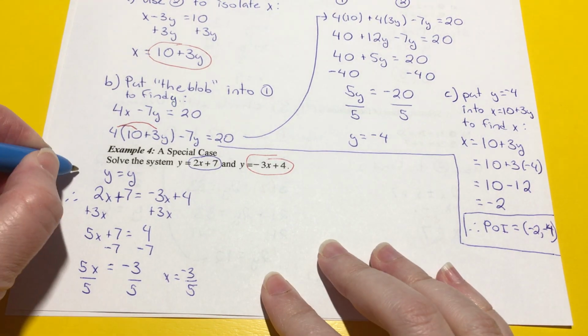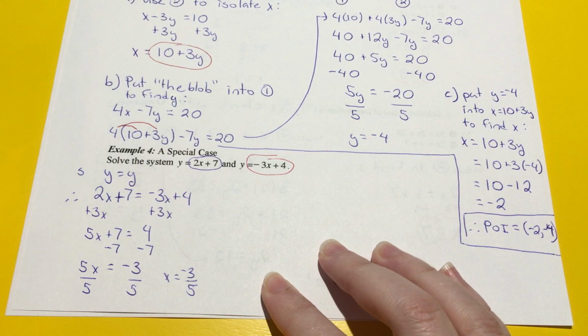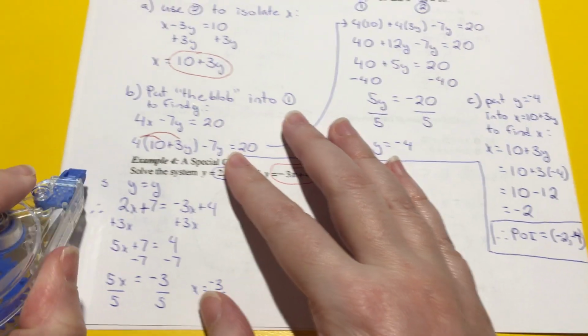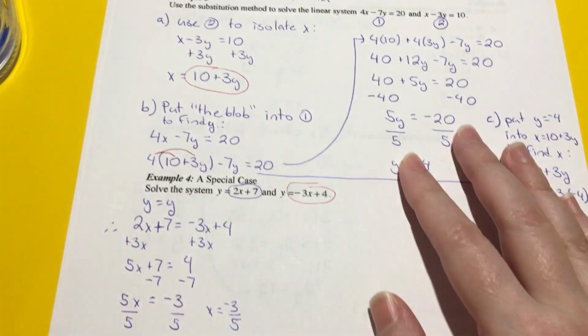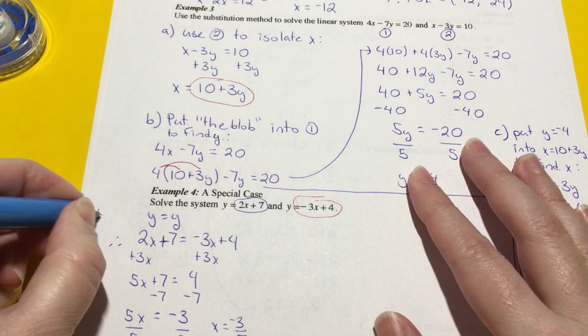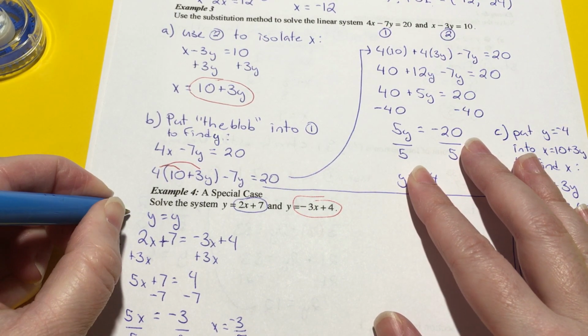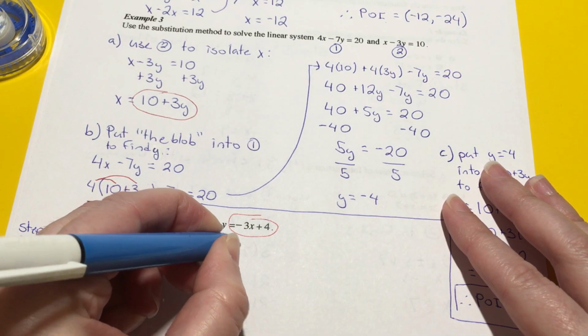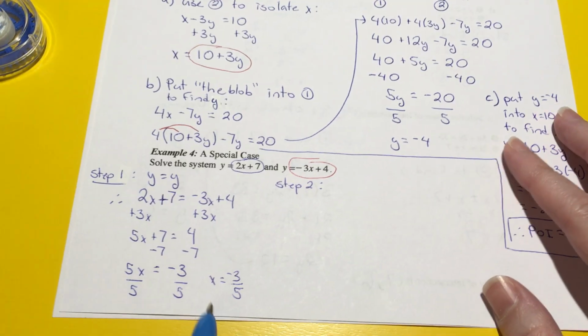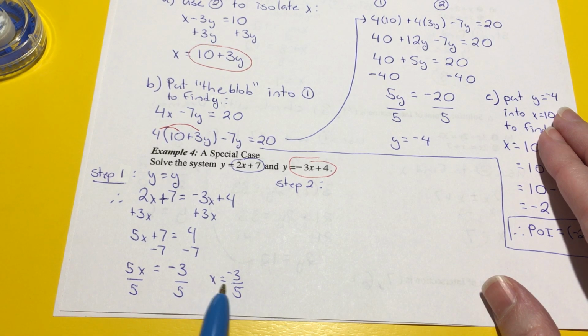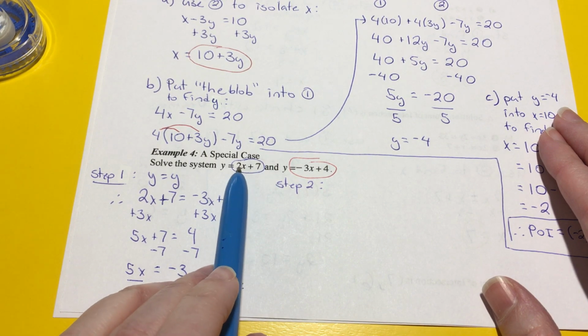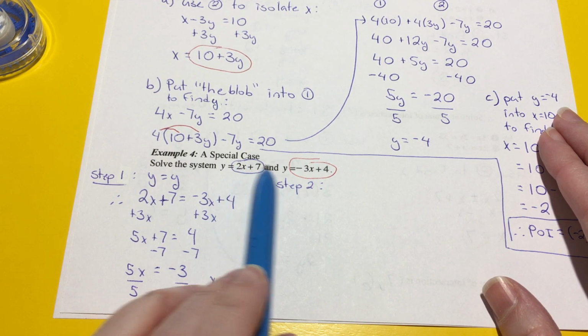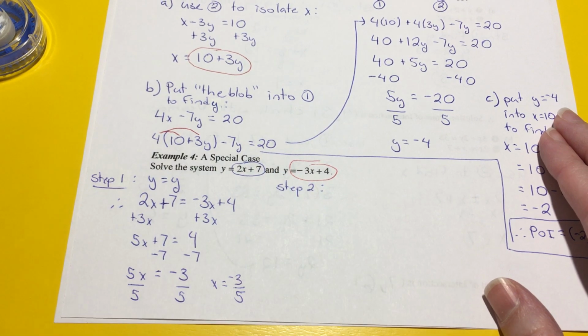So now that was step 1. Oops, let me be clear what I'm writing here. Step 1. Now step 2, we have our x value, so we can plug our x back into either of these equations to find what our y is.